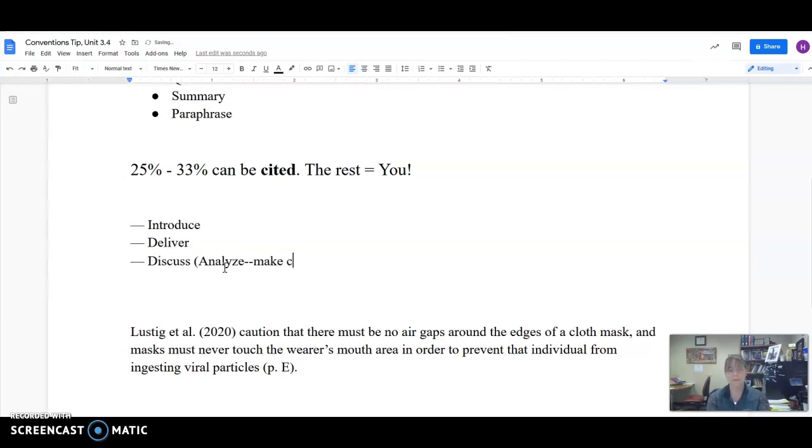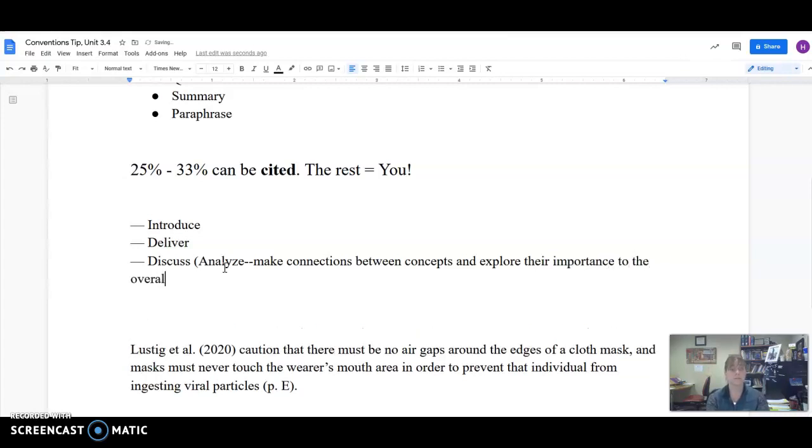This is where I make connections between concepts and explore their importance to the overall discussion. And, very importantly, to the argument claim in the thesis statement. So how do we do this?